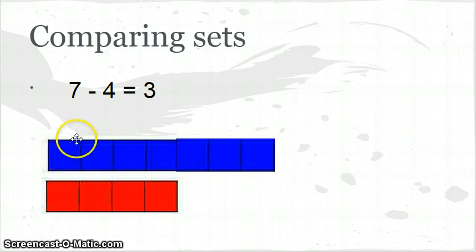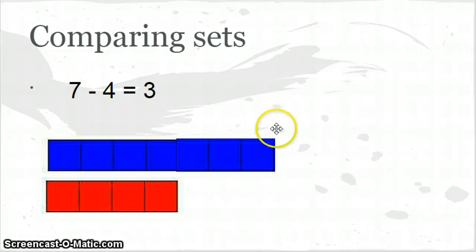So let's just go ahead and count how many blue cubes we have. We have 1, 2, 3, 4, 5, 6, 7. So I've already plugged this into my subtraction sentence, 7. I started with 7 because that's my big number, and we know we can only take away from the biggest number, right? Not the smallest number.